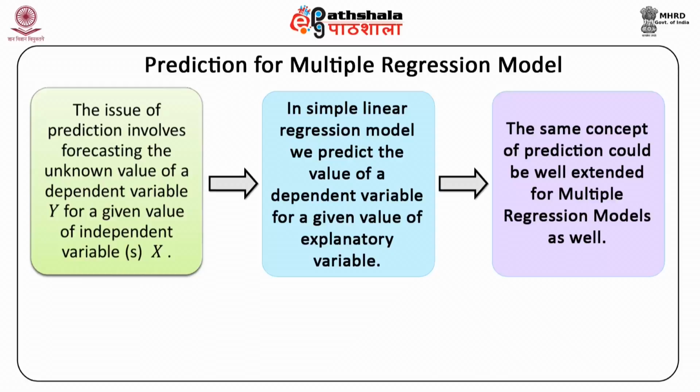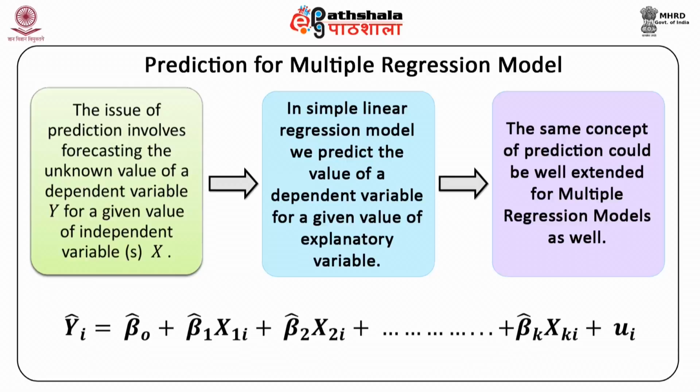The same concept of prediction could be well extended for multiple regression model as well. Consider the scalar form of the following estimated multiple regression model, which is the same as yi hat equal to beta 0 hat plus beta 1 hat x1i so on up to beta k hat xki plus ui.